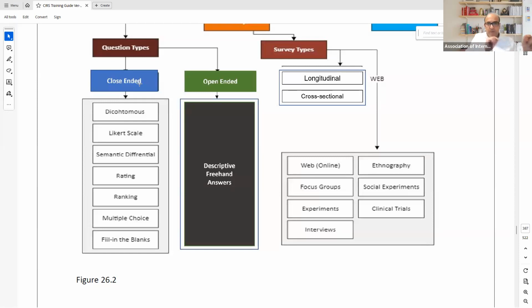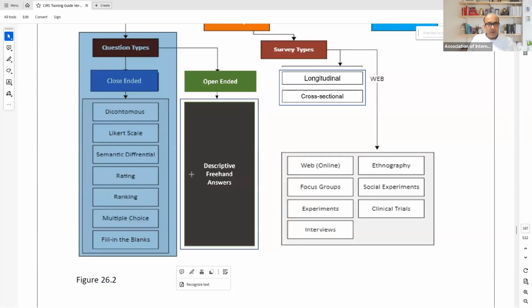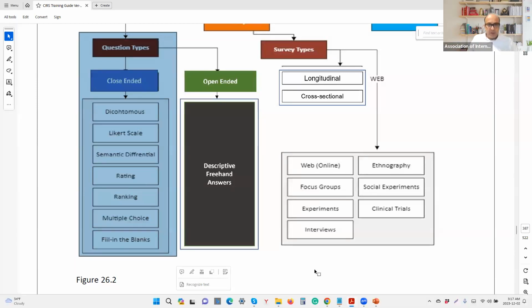There could be a dichotomous, a Likert scale, semantic differential. These are the naming of the different formats in which the survey questions are posed for the end users. And we are talking about closed-ended questions. That means there is always a choice of answers you're giving. So let's focus on this area and let's see what dichotomous, Likert scale, and semantic differentials are.